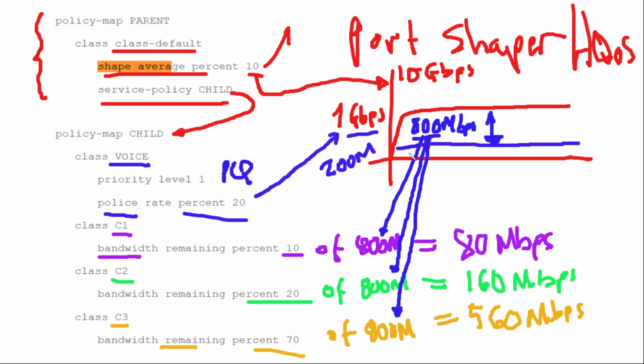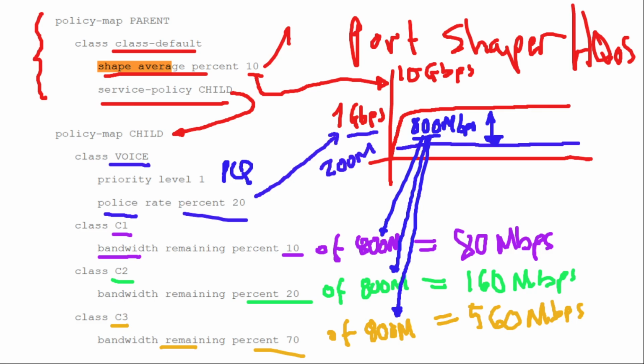So it can become complex with port shaper, but the advantage of port shaper is that no matter what I do with these child policies, the traffic coming out of this interface will always be shaped into 10% of the interface bandwidth. I hope this makes sense.